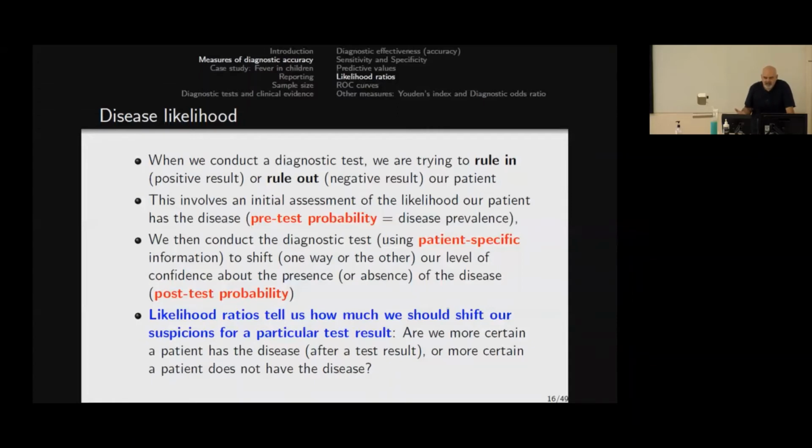So likelihood ratios tell us how much we would shift our suspicion based on your test result and say, actually, we're much more confident than 9% that you have the disease, or no, you're much less likely than 9% to have the disease. The first of those, if it shifts you in the positive direction, is what's called the positive likelihood ratio. And the shift in the other direction is called the negative likelihood ratio.